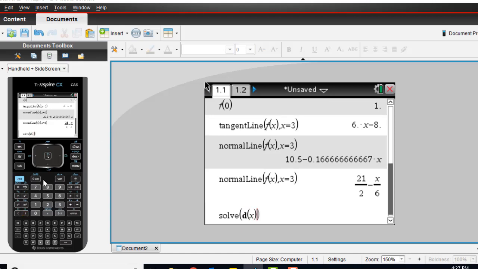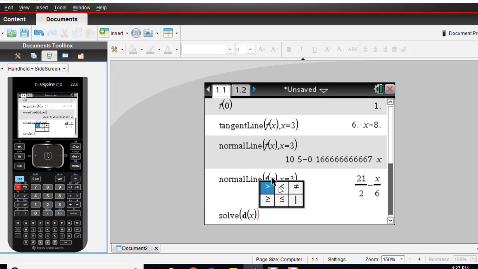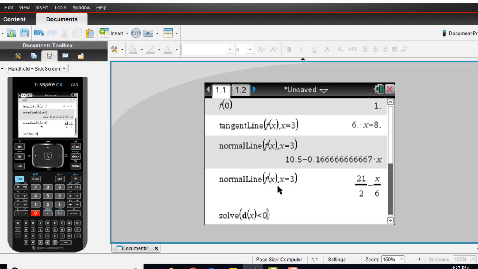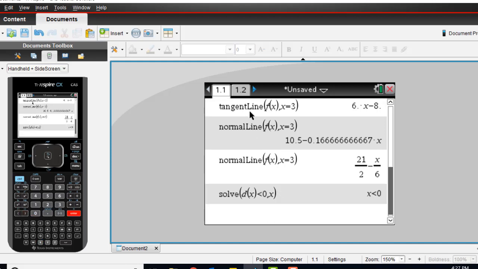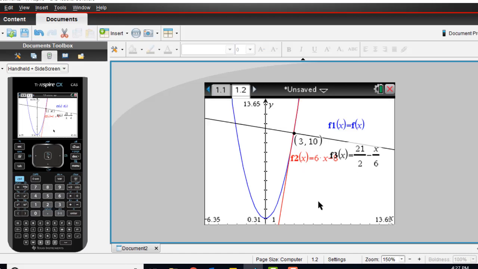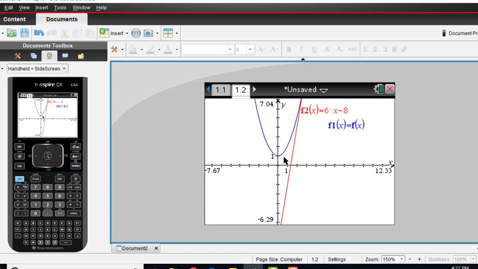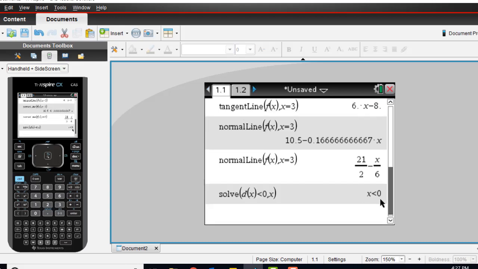Let's go control equals, less than 0, solving for x. Okay, and that tells me that x is less than 0. Let's look at the graph here. At x equals 0 is a stationary point, and for all the values of x less than 0 you have a negative gradient. So that one works.